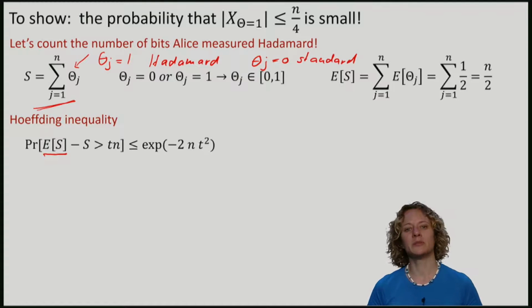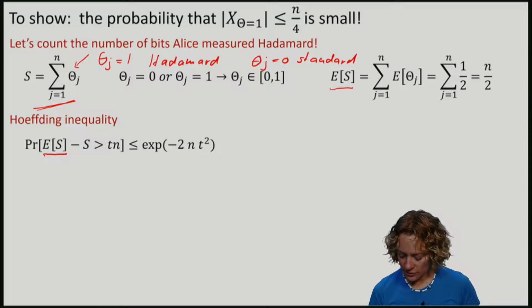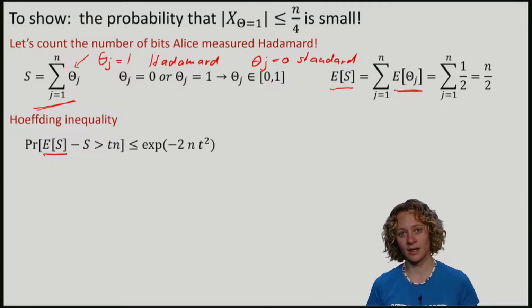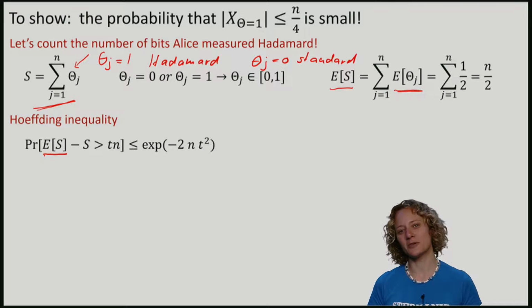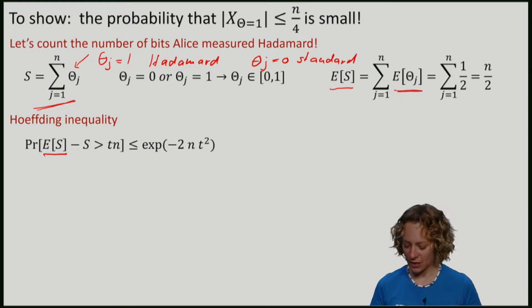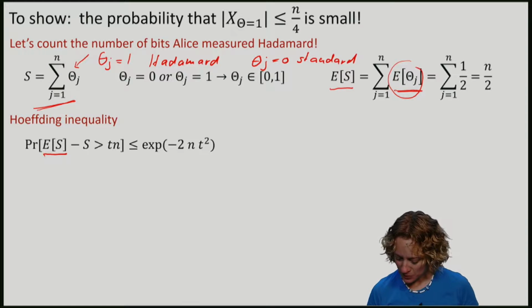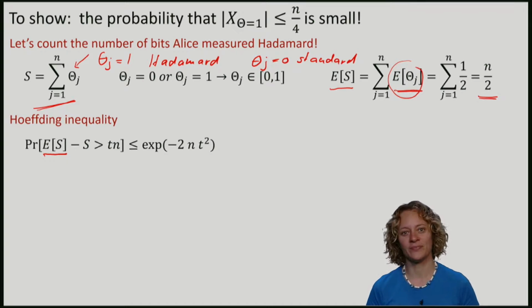Remember from your probability classes that the expectation is linear. So the expectation of S is just the sum of the expectations of the theta j. Since Alice chooses theta 1, the Hadamard basis, with probability half, and theta 0, the standard basis, also with probability half, this expectation value is just a half for one of these terms. So if we sum them all up, we get n over 2.